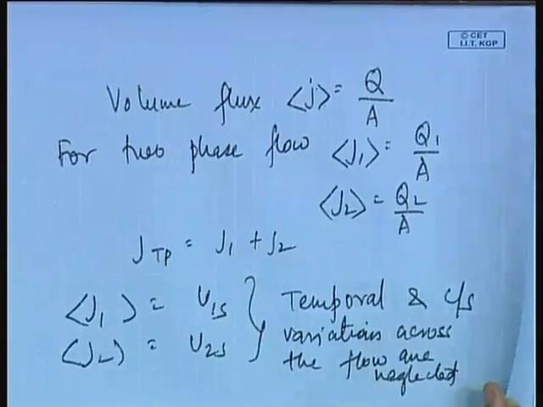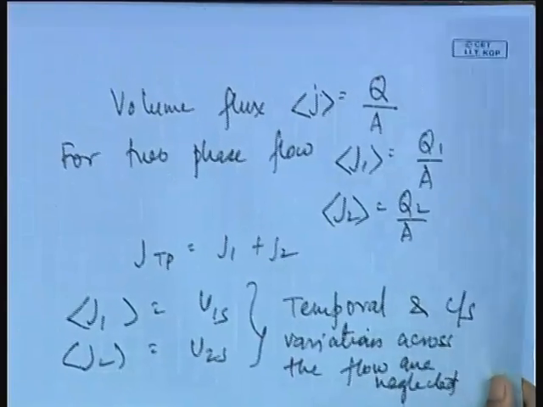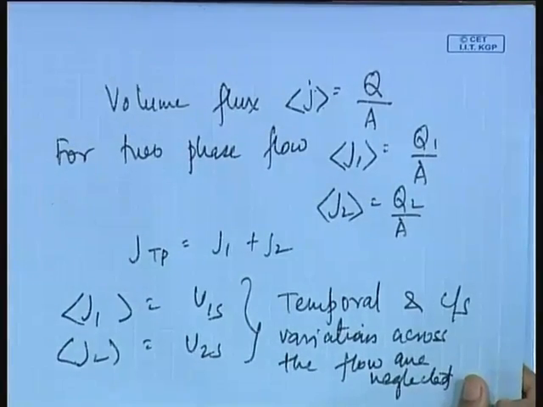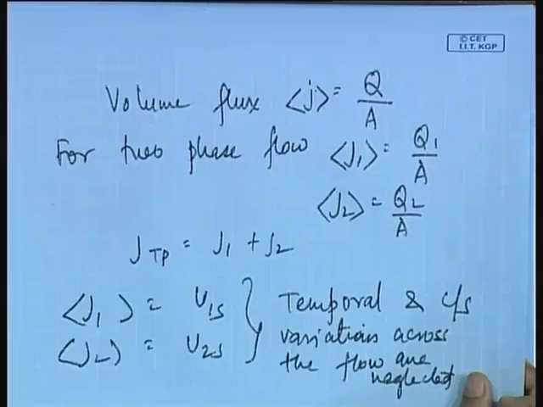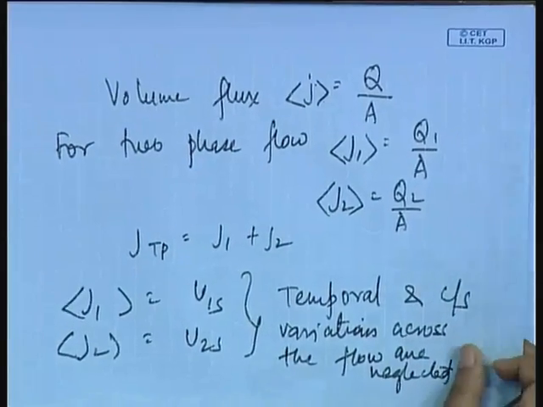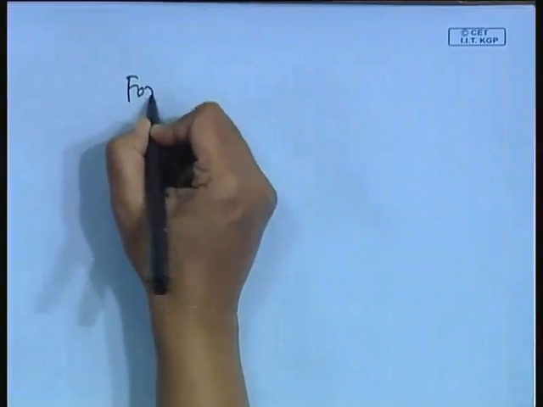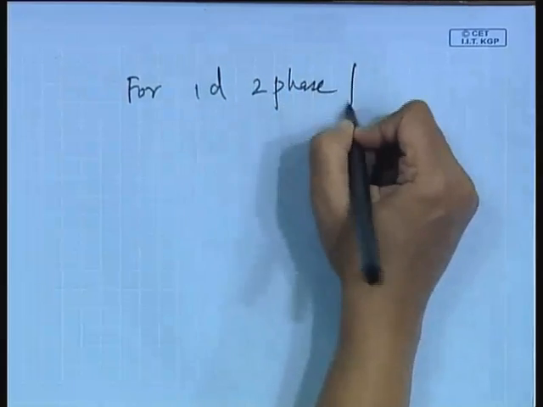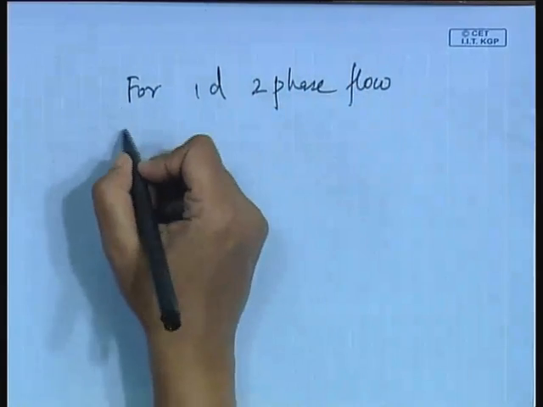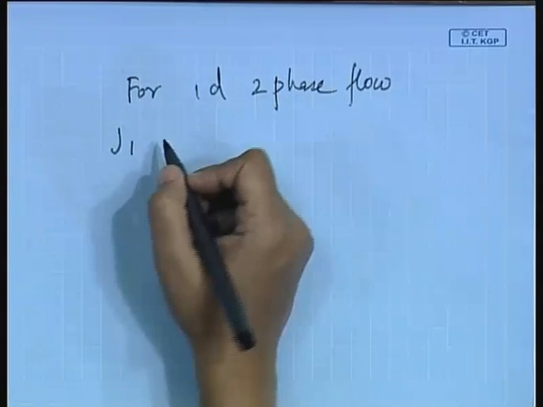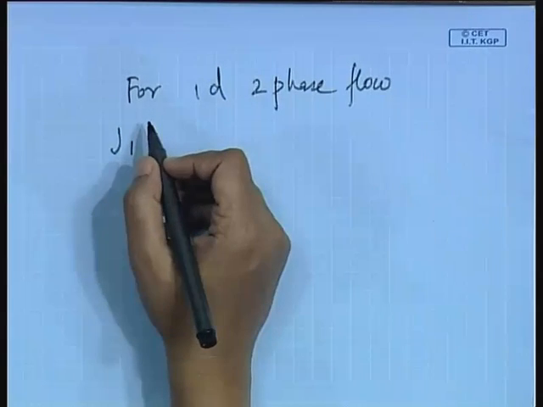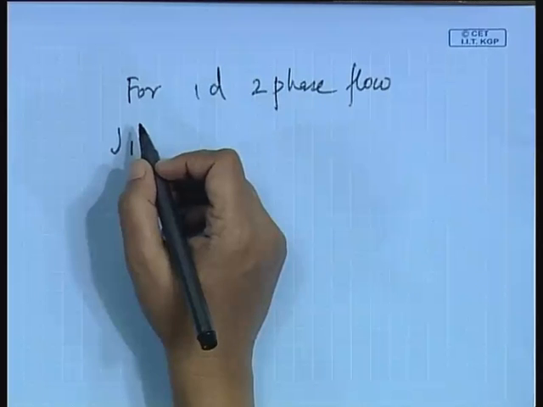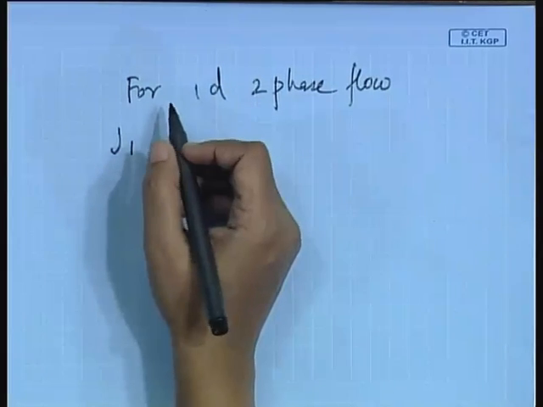For one dimensional two phase flow, how can we relate J1, J2 with the in situ velocities? For one dimensional two phase flow, the volumetric fluxes of the individual components can be related to the local component concentration and the local velocity.